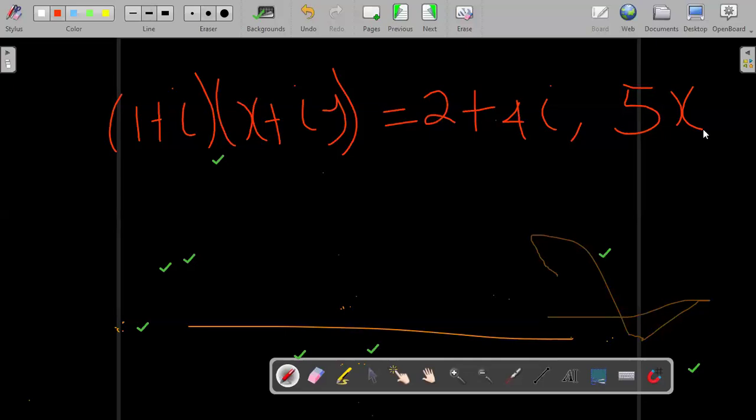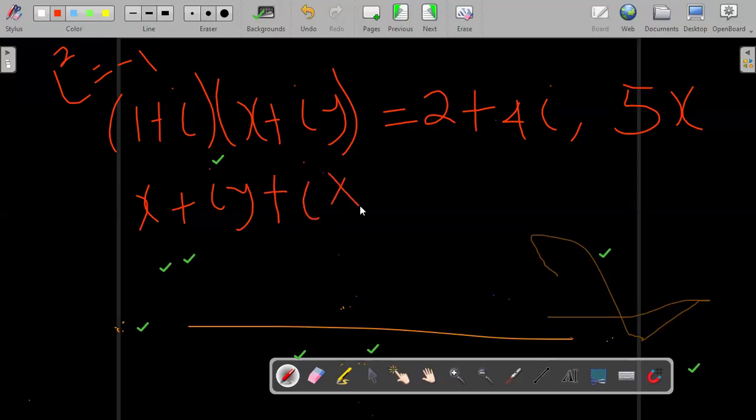So when I have a situation like this, the first thing I will do is to open the bracket. But when doing that, don't forget what we said about i squared. I squared, we said the value is minus 1. So let's expand the bracket. 1 times x will give us x. 1 times iy will give us iy, plus i times x will give us ix, while i times iy will give us i squared y, equals 2 plus 4i.